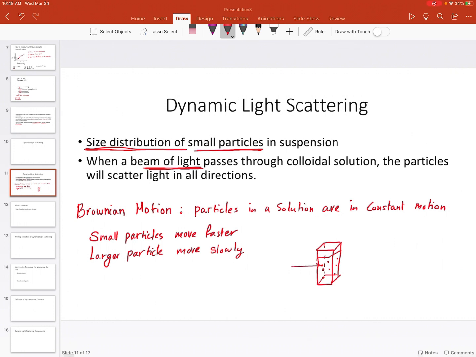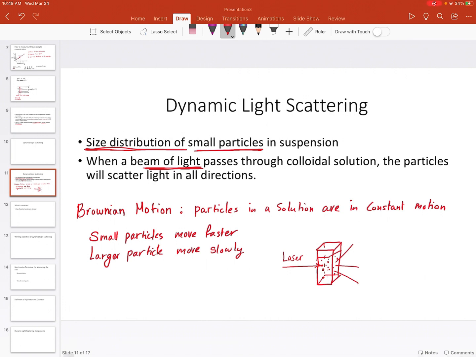The source of illumination is a laser, and when the laser is exposed to these particles, they will scatter light in all directions.